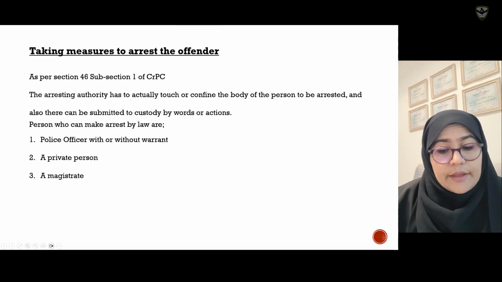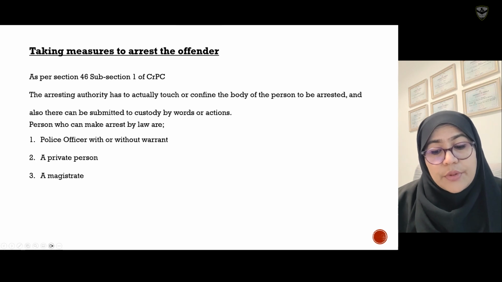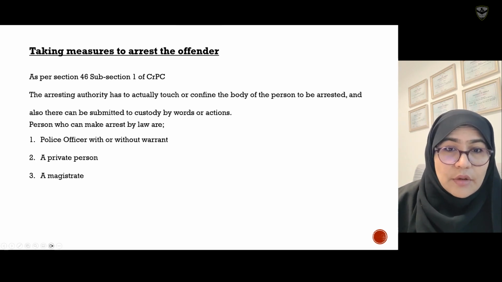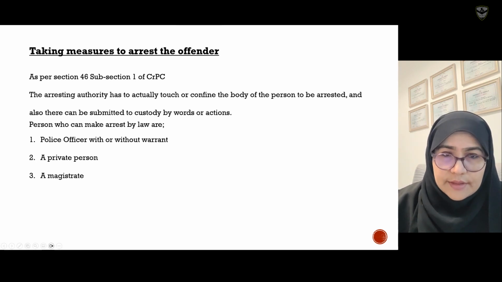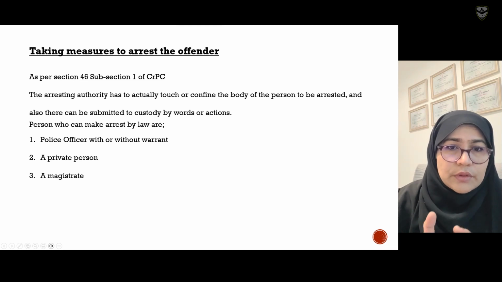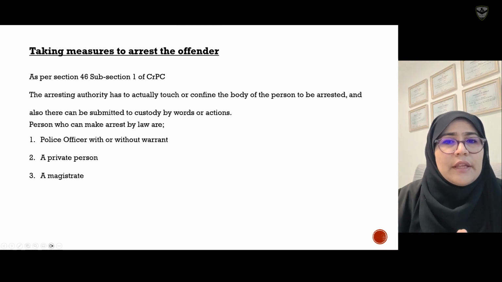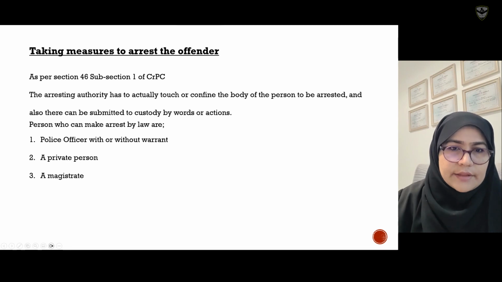They can also be submitted to custody by words or by action. For instance, if a person himself walks to the police station and surrenders, he will be considered as arrested.